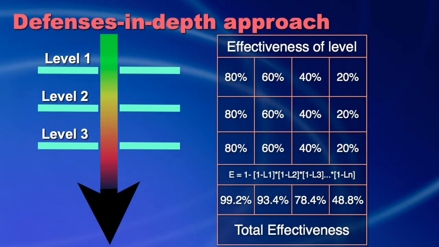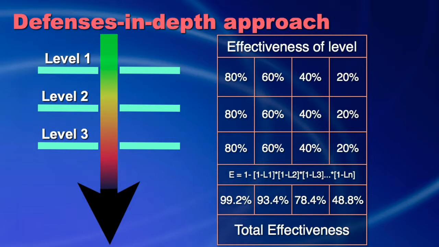If I move to the right-hand side, in the 3rd column, I have 3 controls, each of which is more whole than cheese. Each of those controls is 40% effective, but they still eliminate nearly 80% of all of the potential events. And if you look in the far right column, where we have 3 very wholly bits of cheese, 3 layers of defence, each of which is only 20% effective, that is, they are 80% air and 20% cheese, we still can block nearly 50% of all of the trajectories.